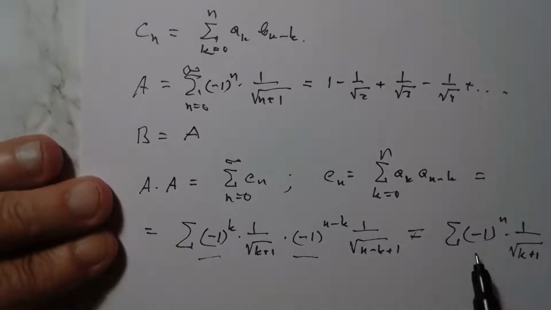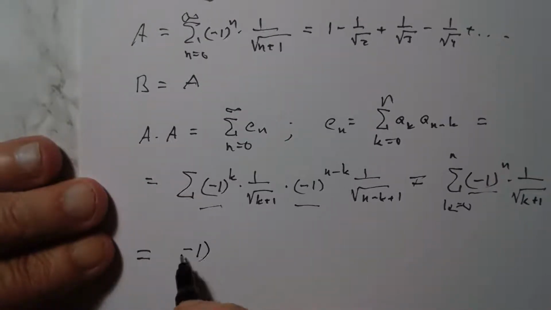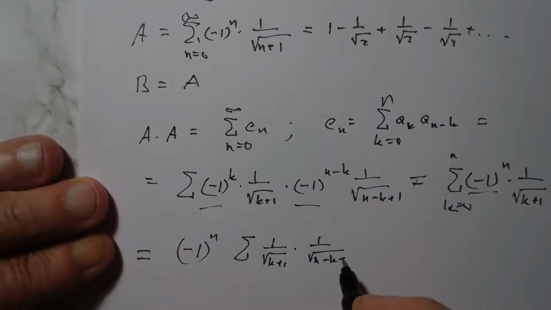And notice that this minus 1 depends not on k but on n. In other words, it is the same for all k, and I can just pull it out of the bracket here. This is equal to minus 1 to the power n times the sum of 1 over square root of k plus 1 times 1 over square root of n minus k plus 1.